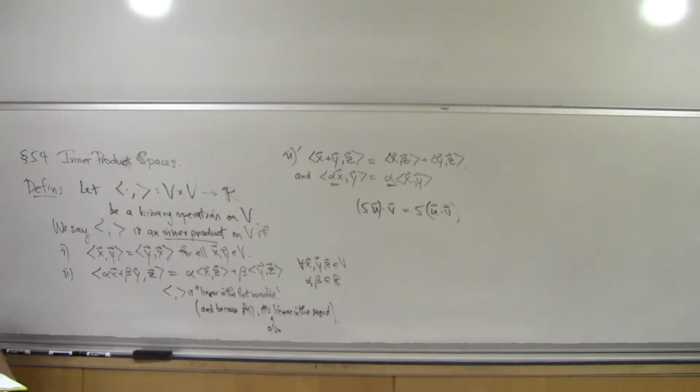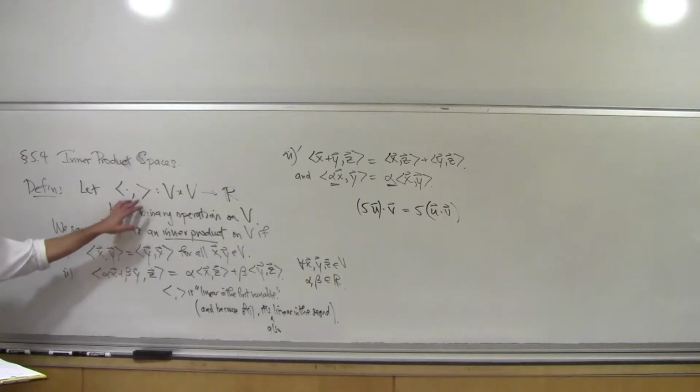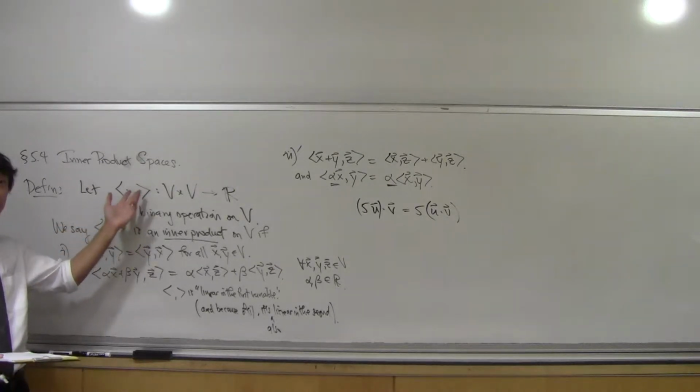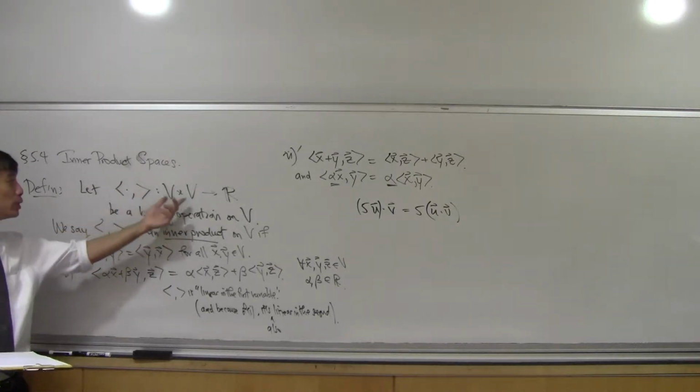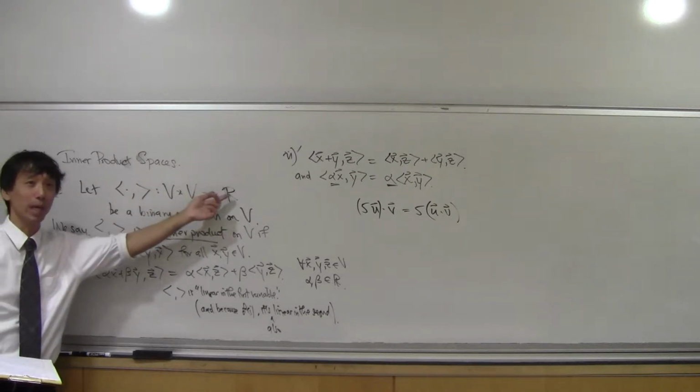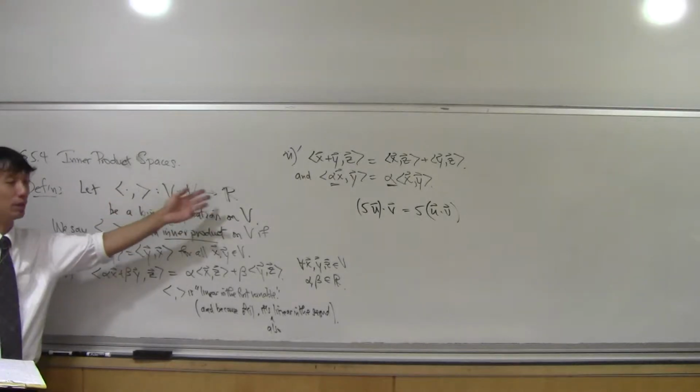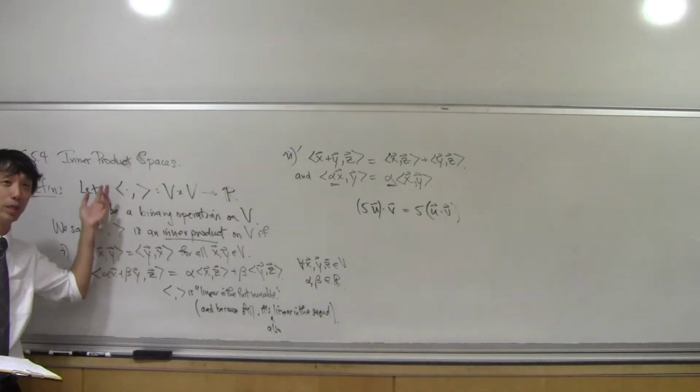Is it a binary operation? Does that mean the dot product, or is that something else? No, it just means something that takes two vectors and then gives you a number back. So the dot product is one example.